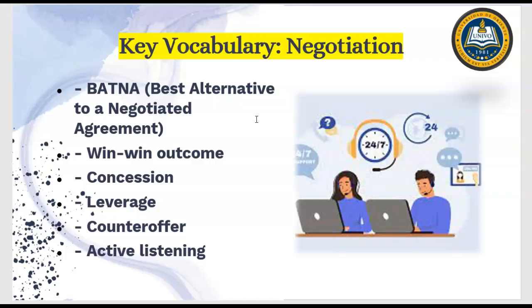Okay, so when in a negotiation, we have this vocabulary word, BATNA, best alternative to a negotiated agreement. When we are in a negotiation, sometimes it is important to know that there are some alternatives. A couple of them are good for you and some others are good for the customer.